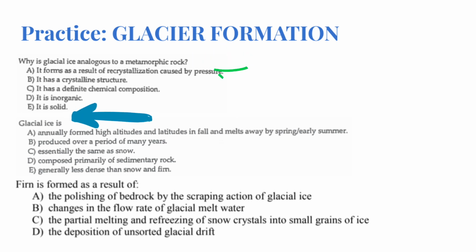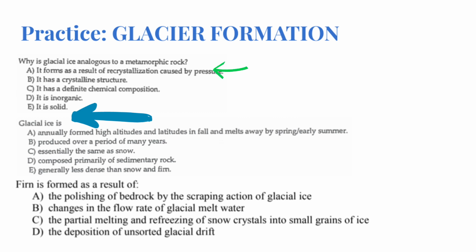So glacial ice is, and then we have 5 answer choices, so let's look through them. The first one says annually formed high altitude. First we notice it says annually. Glacial ice does not need to be annually formed because it is highly variable depending on the snow amounts and the precipitation amounts. So A is not the answer. Glacial ice is produced over a period of many years.